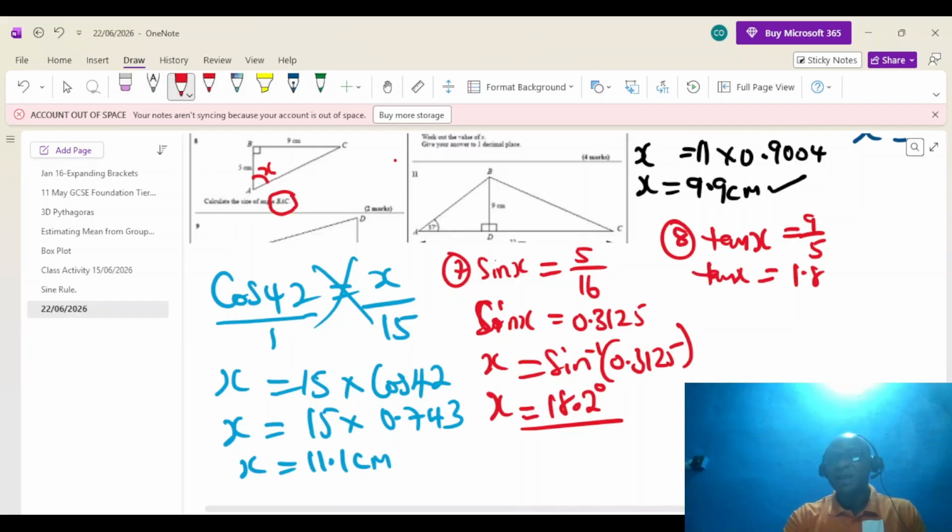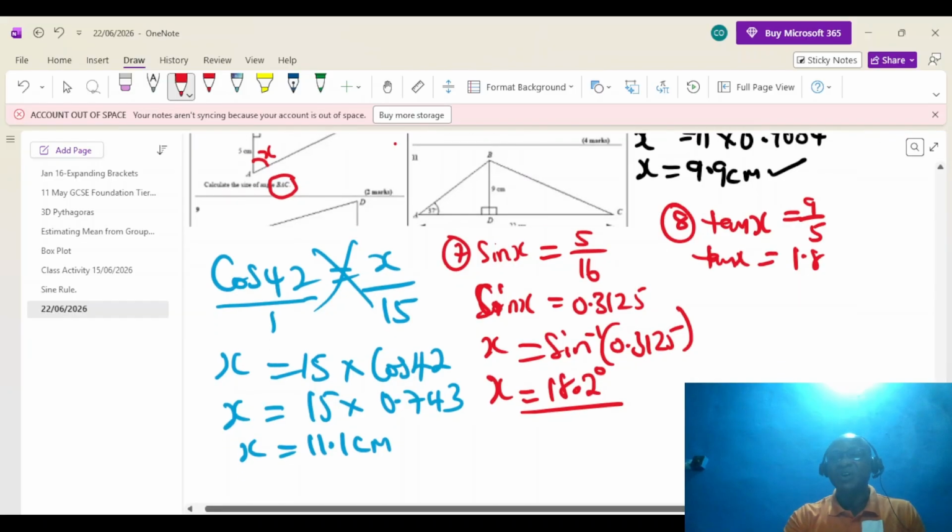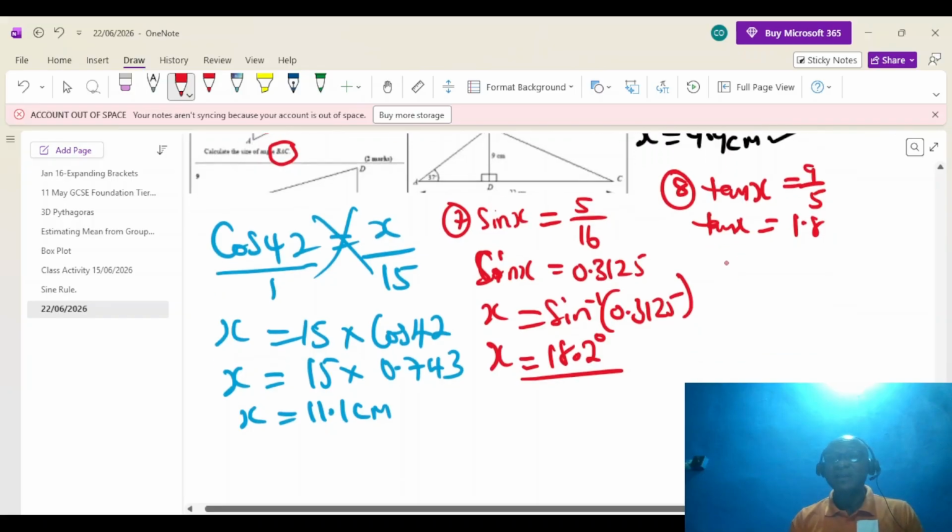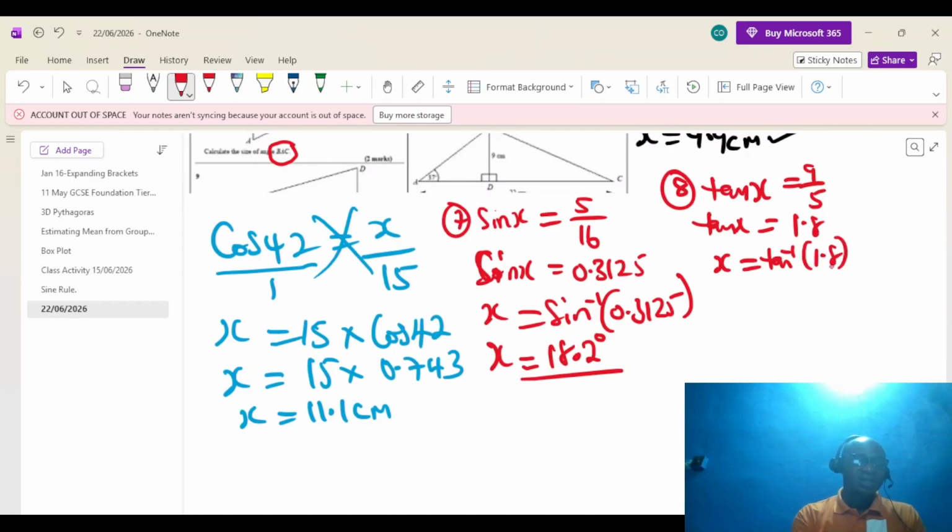Now, you can now find the inverse of tan. So the value of x now is tan inverse of 1.8. Yes. And tan inverse of 1.8 is what? 60.9. Excellent. 60.9 degrees. So that is how we apply these trig ratios.